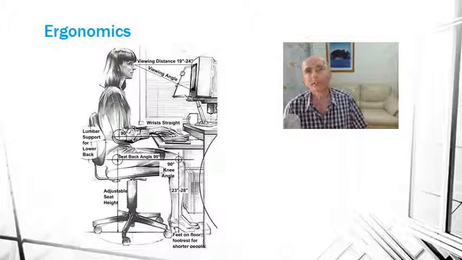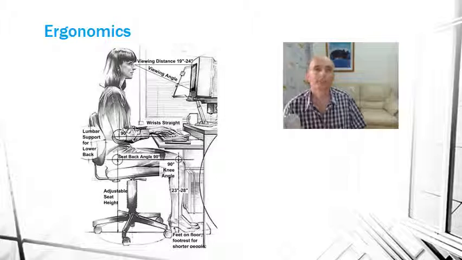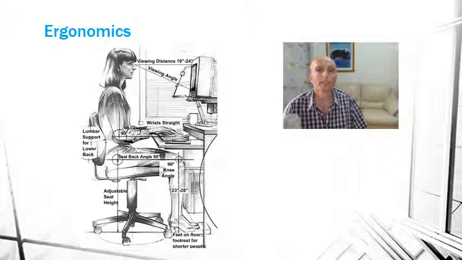So the next one we're going to look at is ergonomics. Ergonomics is the science of designing machines, products and systems to maximize the safety, comfort and efficiency of people who use them. So here's an example of a lady using a computer. Now straight away you can see the viewing angle and the distance means that she doesn't actually bend her neck over, it's straight.